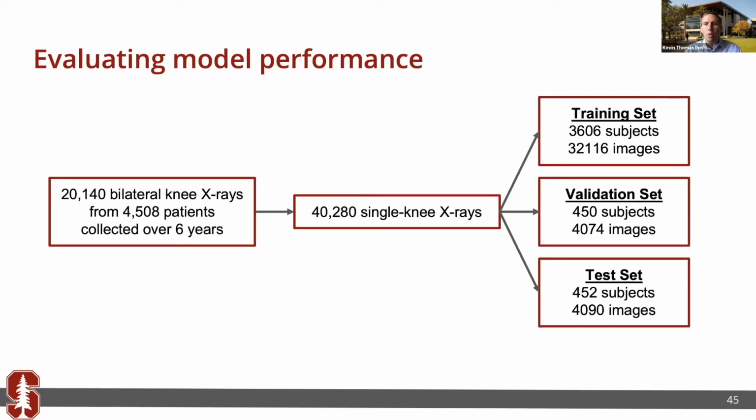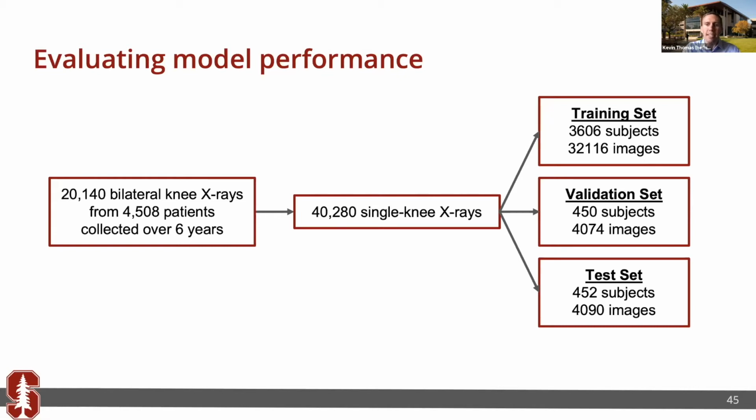Now, after you decide what metric you'll use to measure model performance, you then need to figure out which portions of your data you'll use to calculate those metrics. Now, remember from the first half of my talk, I had 40,000 knee X-rays from 4,500 subjects. And this means I had several images from each subject collected longitudinally.